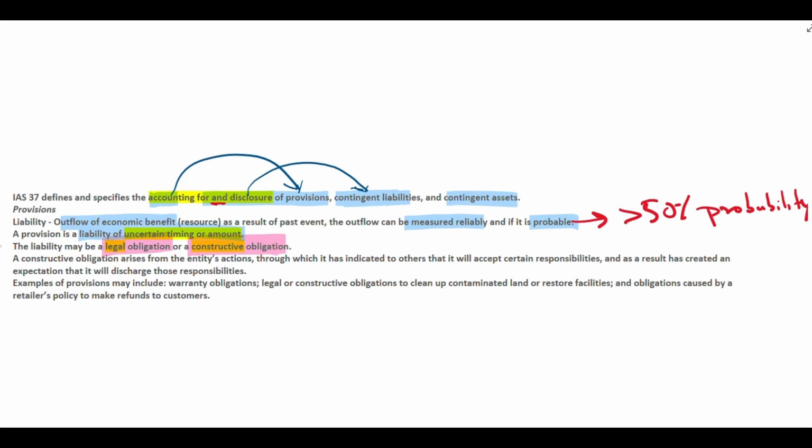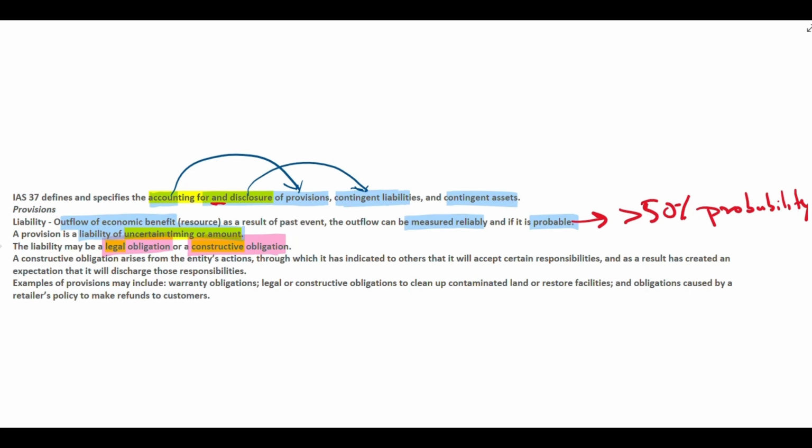Constructive is something which the company has been practicing for the past years, or the company has publicly made a promise, okay, that I will do so and so, and then because of that there are expectations on the other side, on the public side or the other stakeholders' side, that you will deliver this. Okay, so that becomes a constructive obligation.